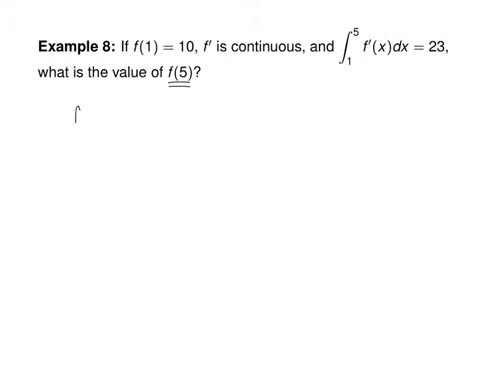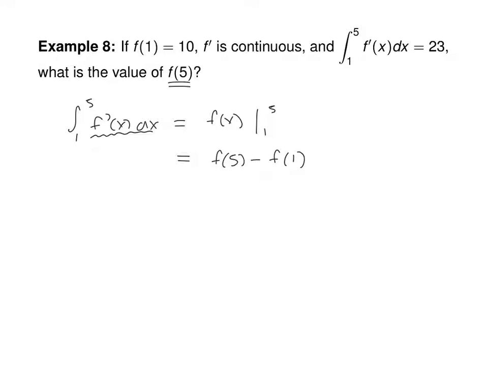Okay, so if I gave you the integral from 1 to 5, f prime of x dx, what's an antiderivative of f prime? F, evaluated from 1 to 5, right? So that's f of 5 minus f of 1, yes? And then, do you know what this integral is equal to?